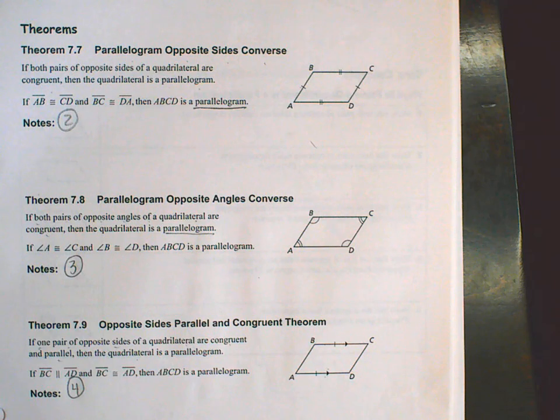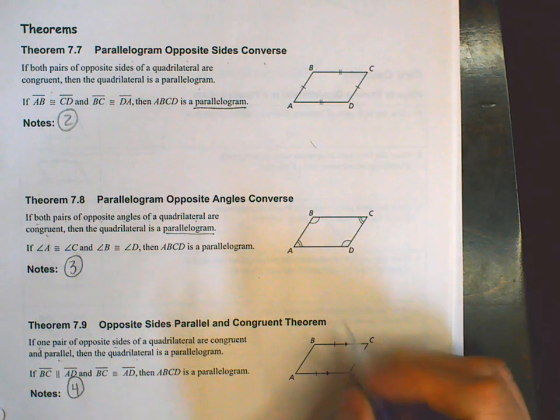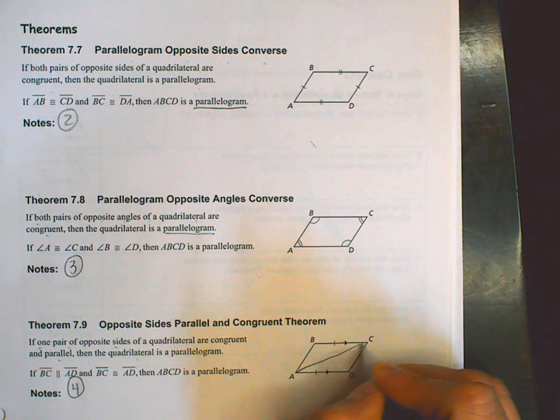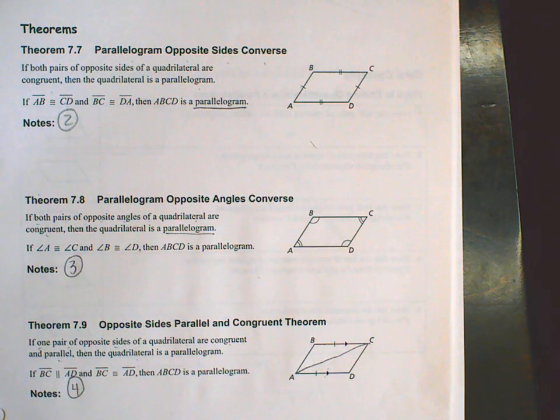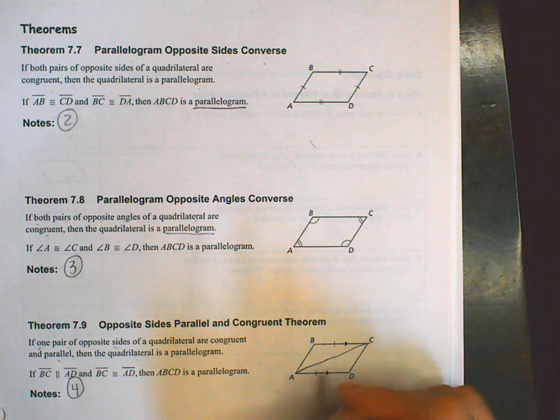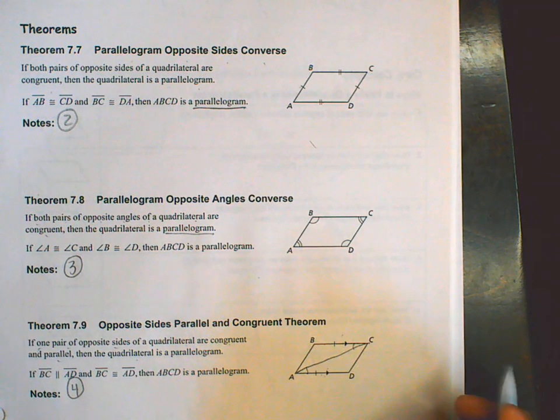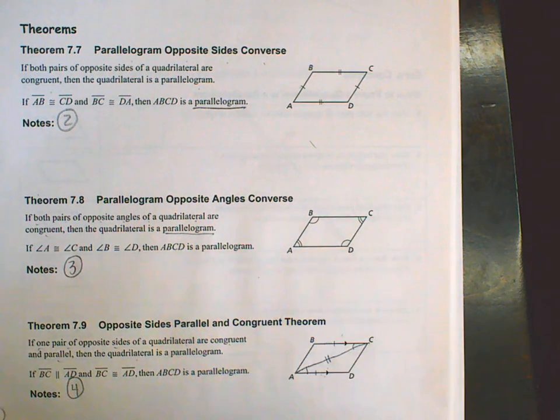Now, how do we know that? Well, think about this. If you were to draw a diagonal such as this one, because those two lines here are parallel, this angle is congruent to this one by alternate interior angles. This side is congruent to itself, okay?